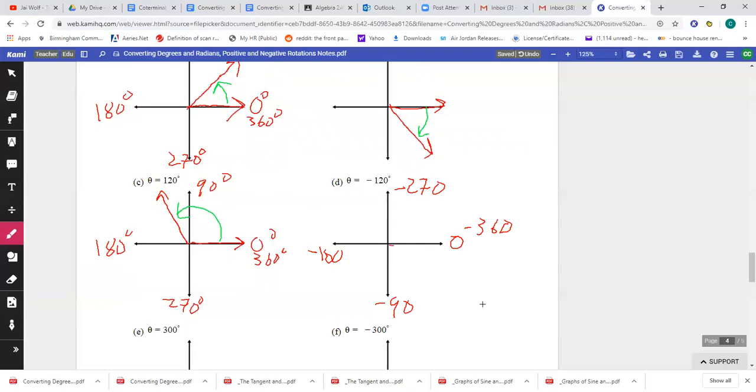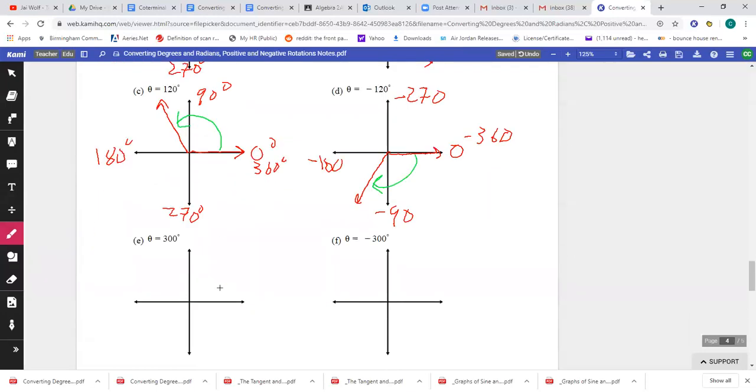So negative 120 would be somewhere between 90 and 180, closer to the 90. And since it's negative, we rotated clockwise. Okay. So E and F, any questions so far on how this works?